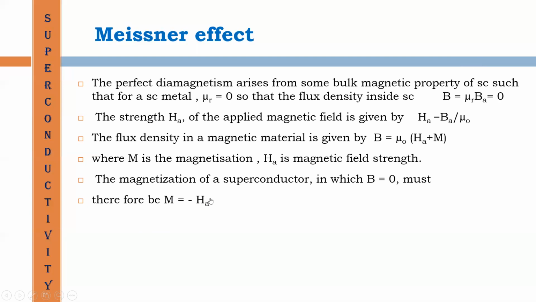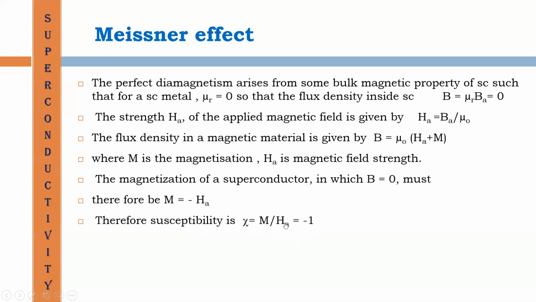When we take the ratio of these quantities, that is M divided by H, it is the susceptibility. Then the susceptibility is equal to M divided by HA, which is equal to minus 1.